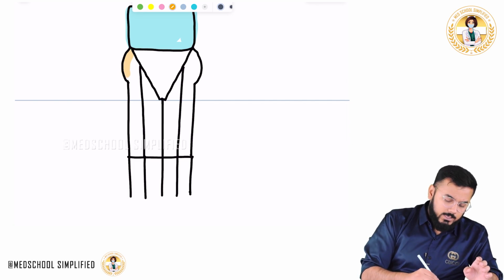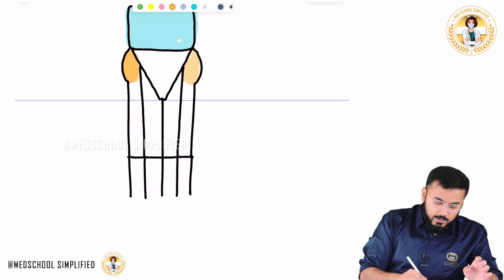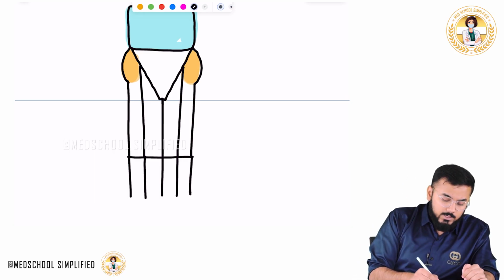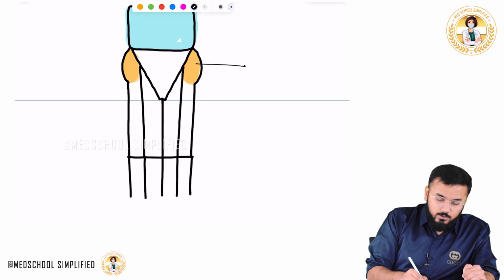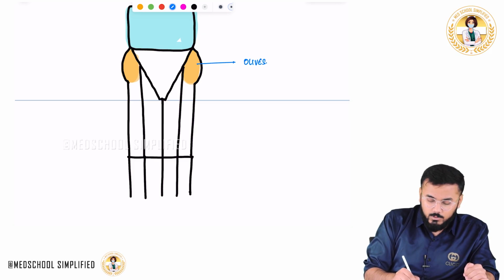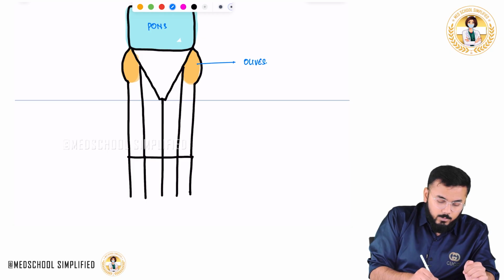First important thing is that you see these two structures located on either side. These two are called olives, one on the right and one on the left, and this one over here is called your pons.